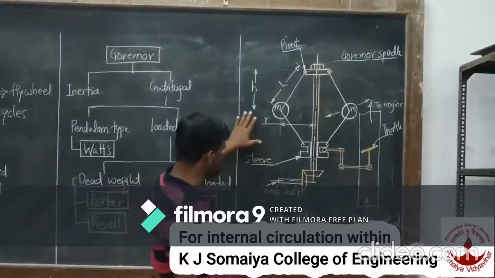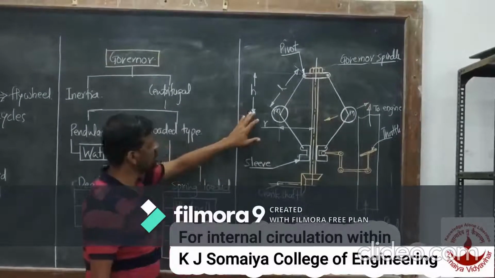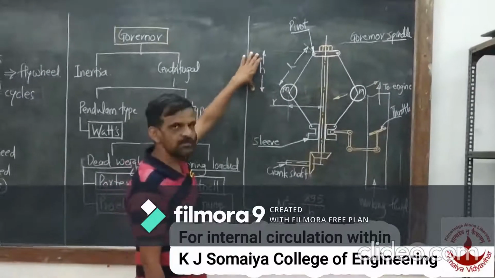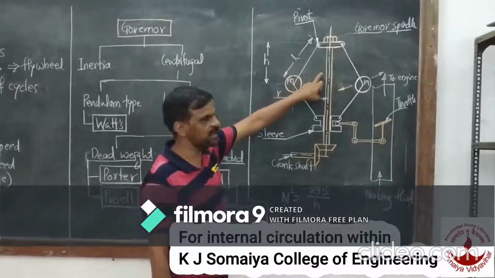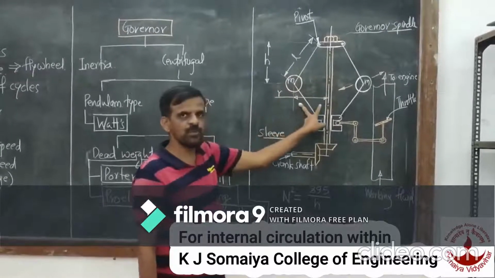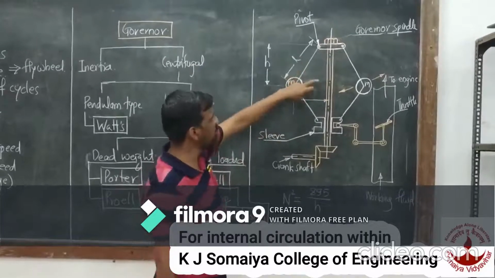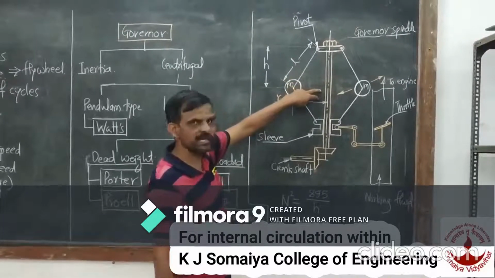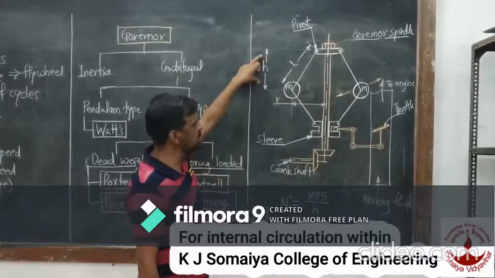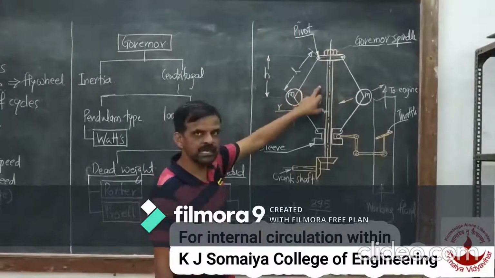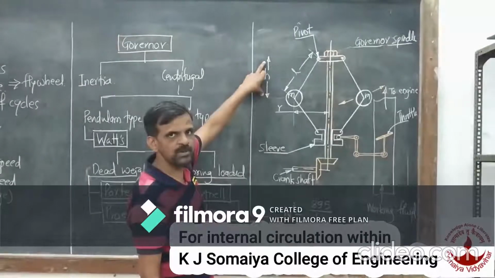Now here you can see the height of the governor is directly related to the speed of the governor, and the radius of rotation of the governor is also directly related to the speed of the governor. What happens is, when the speed of the governor increases, the height decreases, and when the speed of the governor decreases, the height of the governor increases.